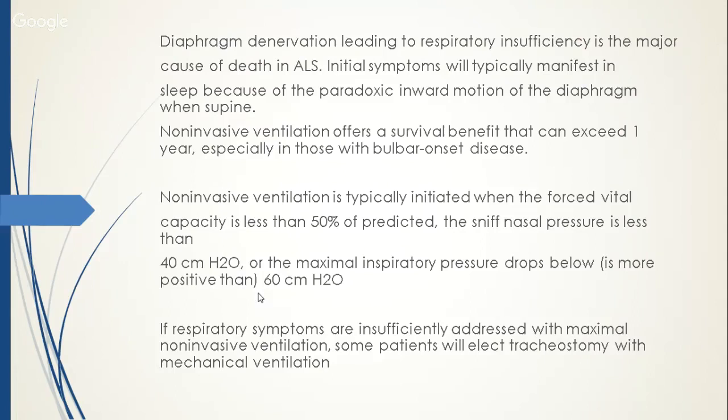Later on, the weakness will get worse and will not be sufficient, so these patients may elect to have a tracheostomy for mechanical ventilation. But of course, not everyone. That's why when you're treating ALS, you want to address goals of care really early on, so the patient doesn't decompensate and need an emergent tracheostomy.